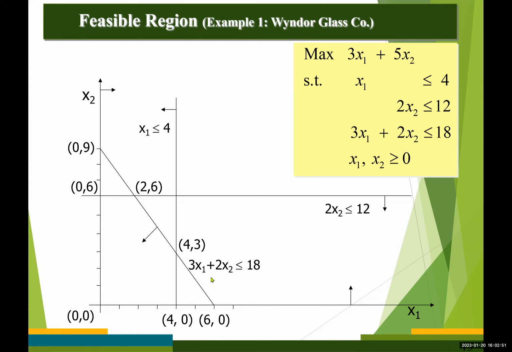So 0, 0 satisfies this constraint, meaning that the origin point should be one of the feasible points concerning this inequality constraint. That's why the feasible region should be this side, so that it does include the origin point.